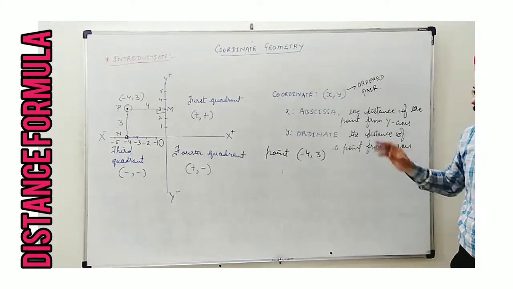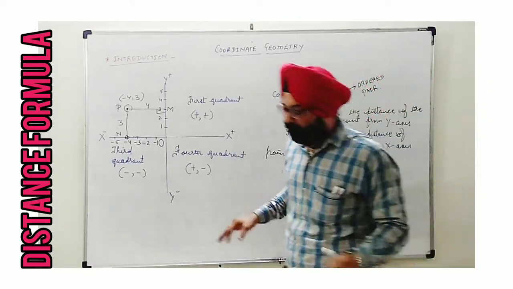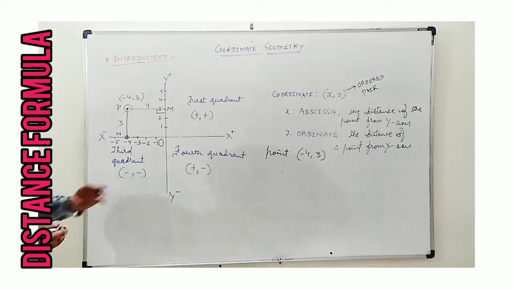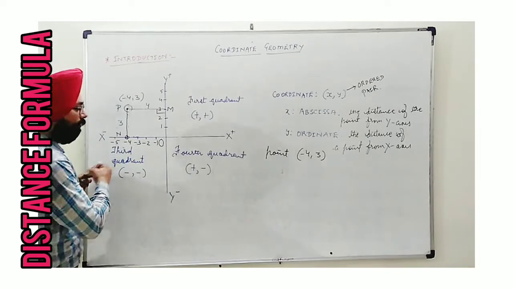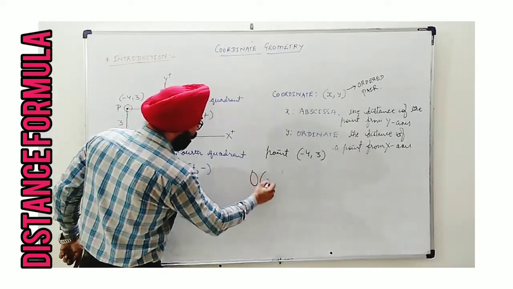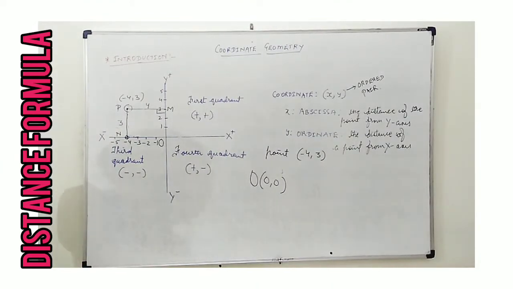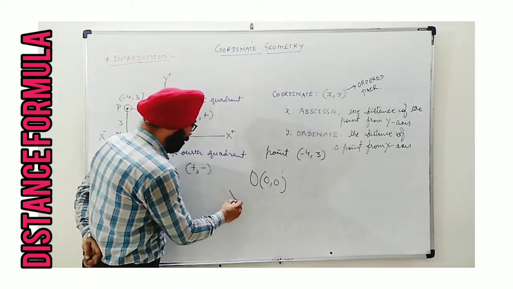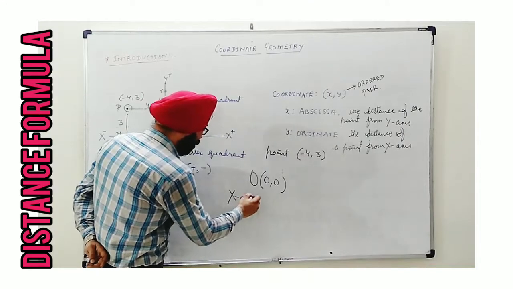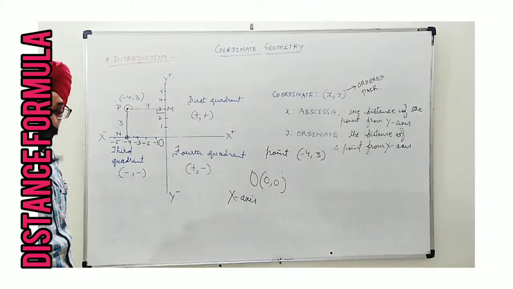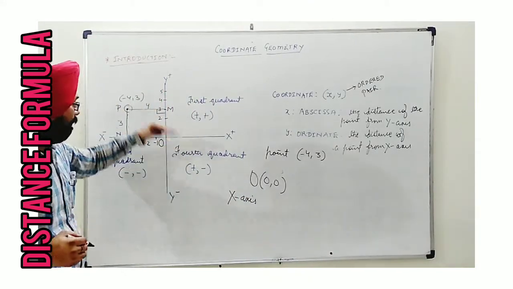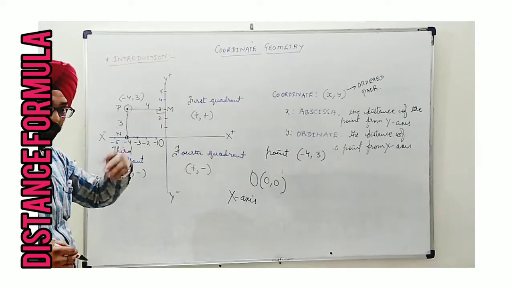One more thing, this is a point taken in general, in a quadrant. Suppose I talk about the origin, then the origin is always denoted as capital O. Its coordinates are always 0, 0. Any point on the x-axis, if I take, its ordinate, which means up or down, will always be 0.